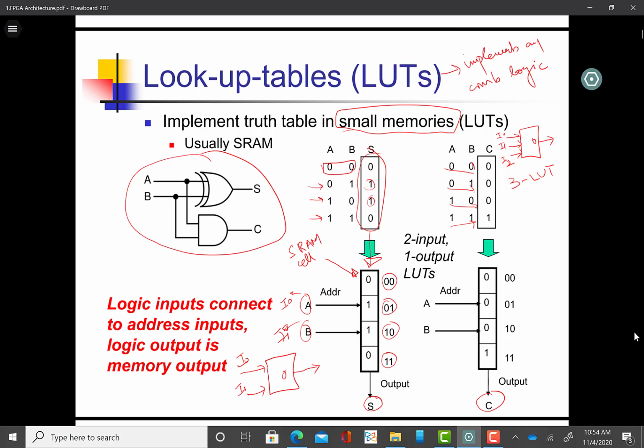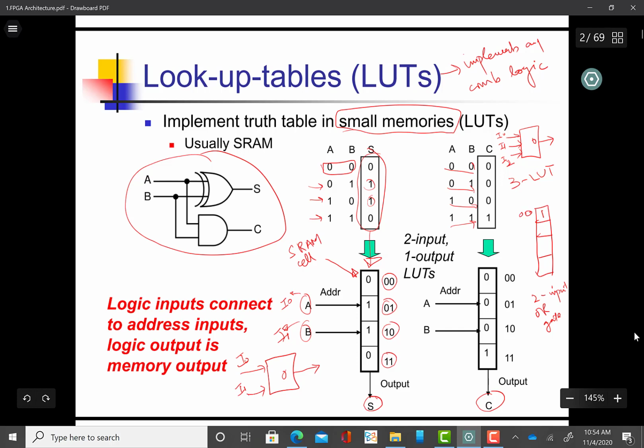If I want to implement, for example, a 2-input OR gate, what will be the lookup table contents? Okay, so it will be like this. This is a 2-input OR gate. I can very easily say this location is our 0 location.